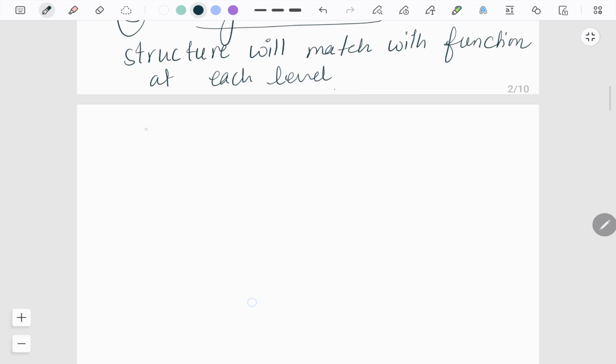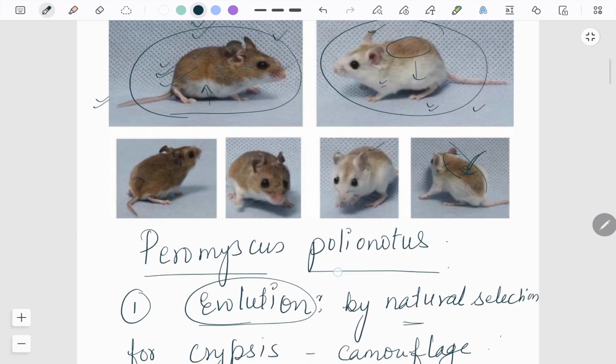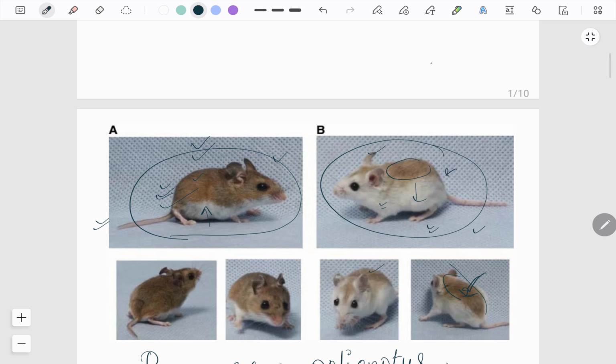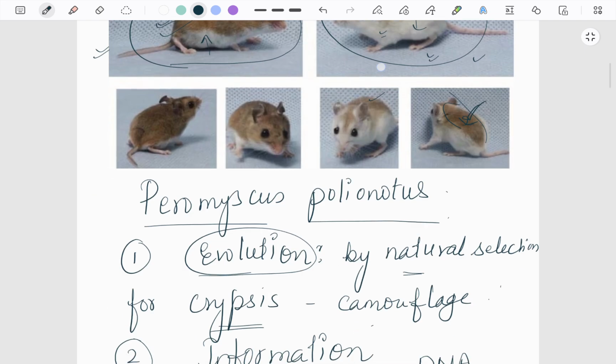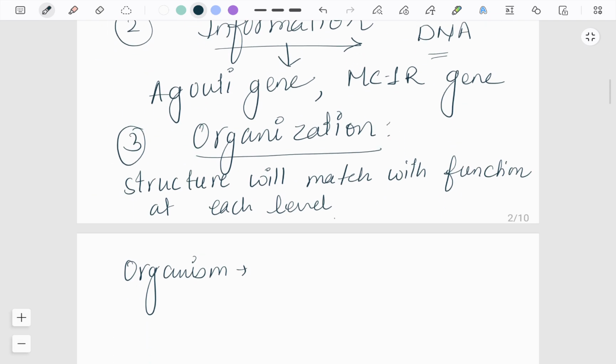Now here, if I say organism, you can see its coloration, right? So the structure is like this and the function is camouflage, protecting itself from predators. So the structure is meeting the function.